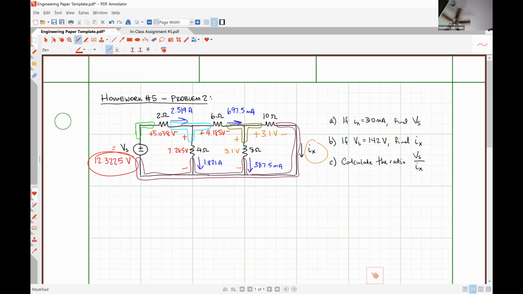So that would be my final answer for part A. Ix is equal to 310 millivolts.